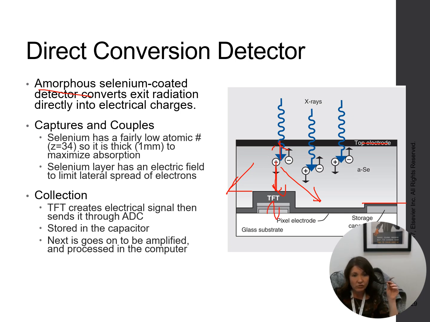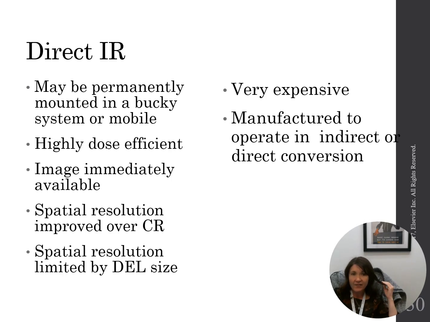Those signals get stored in the capacitor, and then that capacitor either sends it out at the appropriate time or converts it to a digital signal and then sends it out at the appropriate time. At that point, with our direct image receptor, once it's sent out and it's digitized, we are back at histogram time. So we'd be counting up these raw data grayscales, charting it on a histogram, and going from there.